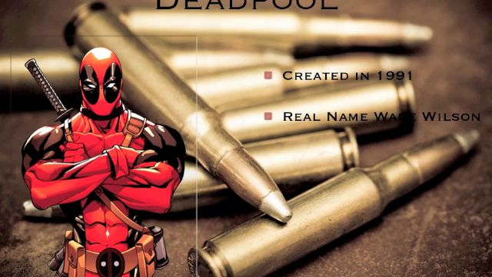Now, like I said before, there's a reason why I put up Deathstroke's real name. Back when Deadpool was being created, the writers thought about Deathstroke and how great and cool a character he was, and they thought, well, let's make a joke character for Deathstroke.